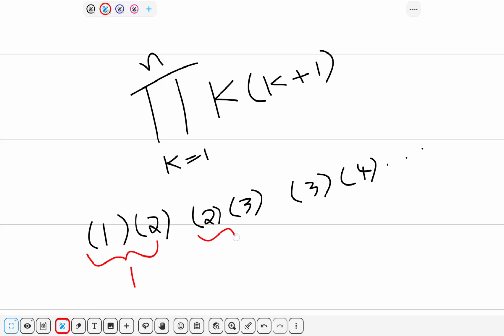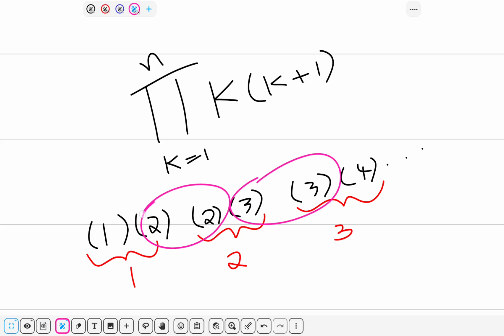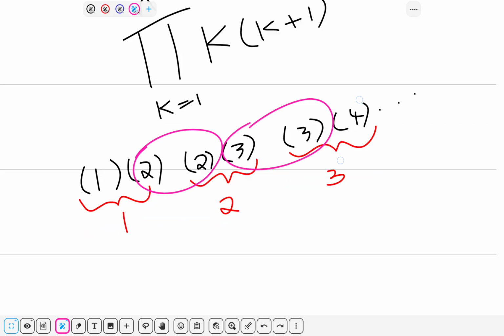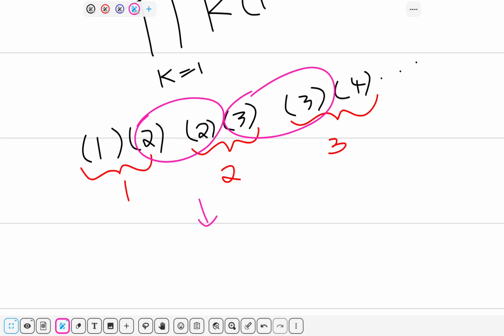This will be the first term, second term, third term, and you can see that basically all terms are getting multiplied twice. This can be ignored, and so again up to n, if I go, it will be n factorial square somewhat, right?